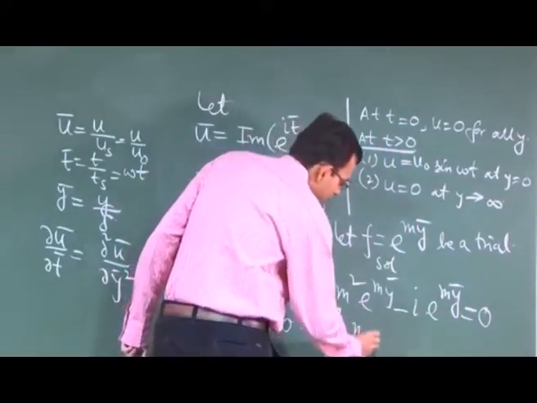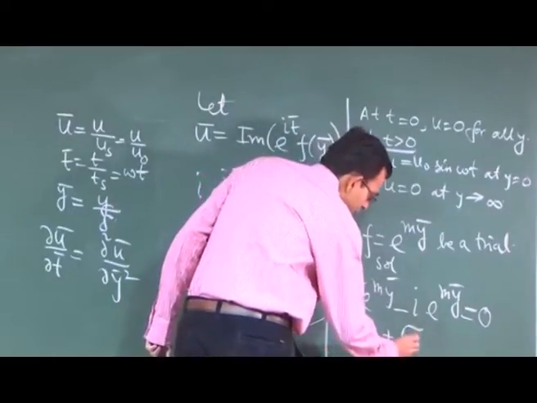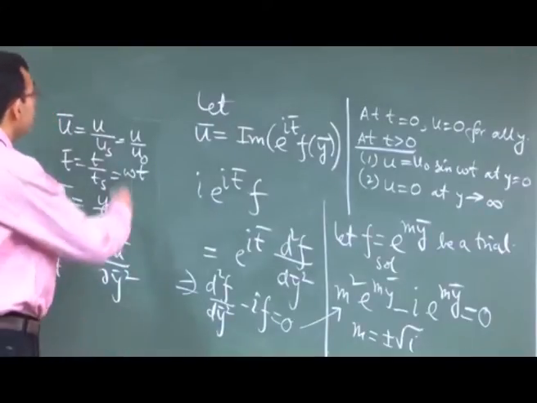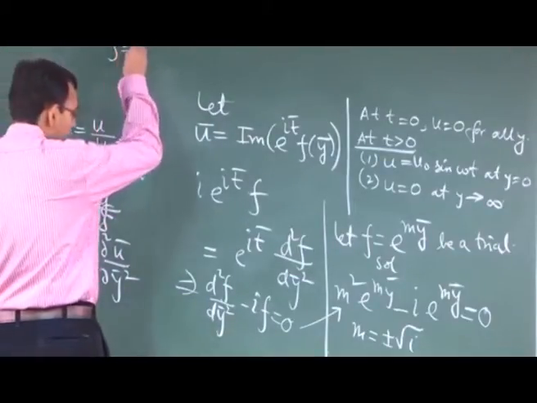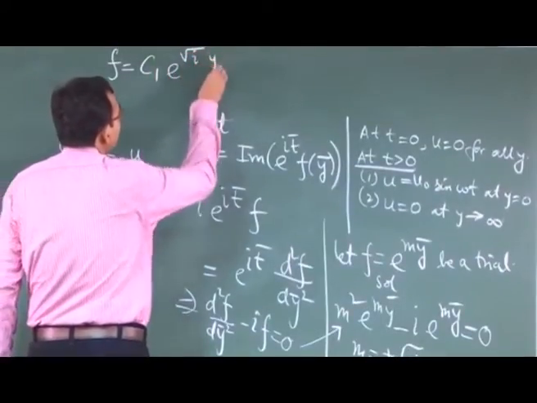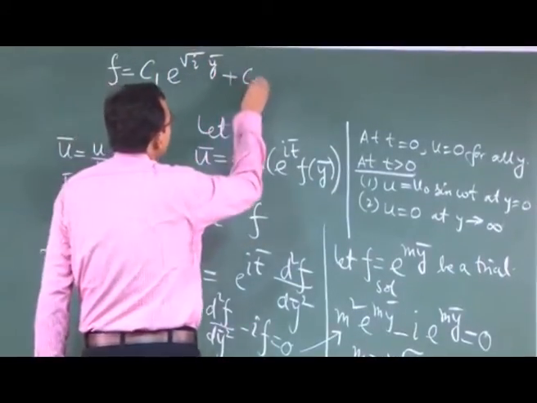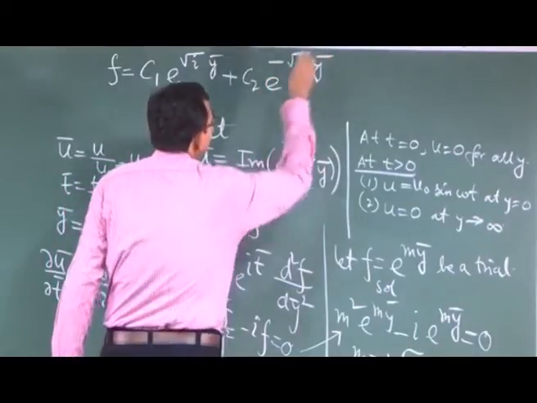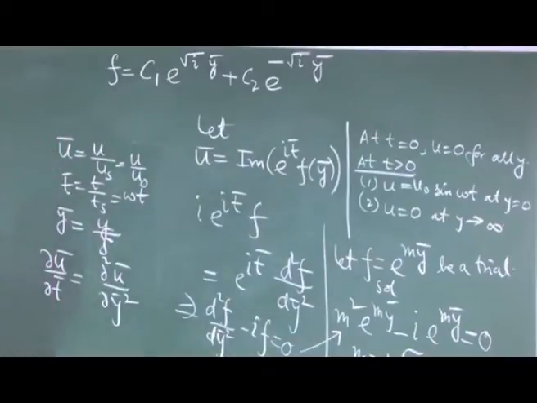So, m is equal to plus minus square root of I. So, the solution is f is equal to C1 e to the power square root of I y bar plus C2 e to the power minus square root of I y bar. This is the solution.